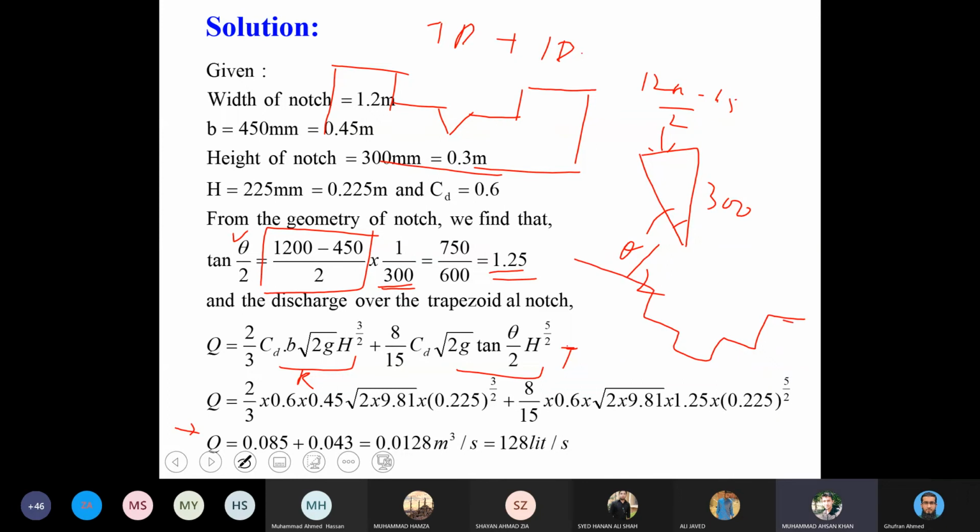This is a combination of one rectangle and one triangle again, and this is a combination of one rectangle and one rectangle. Depending on the height, for this triangle we will consider this height h1, and again for rectangle h2. So just add the formula of all the substitute notches.